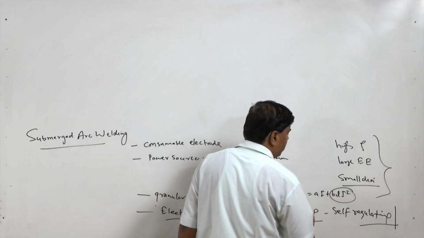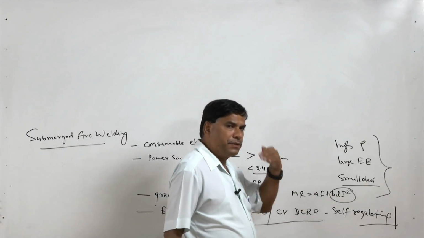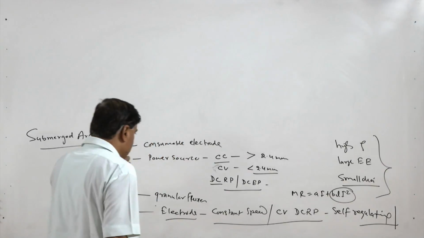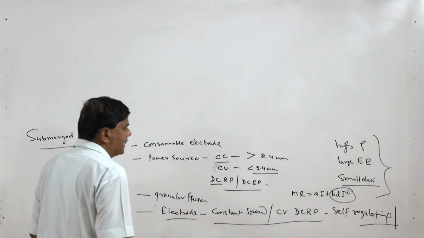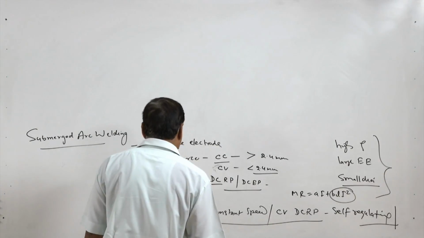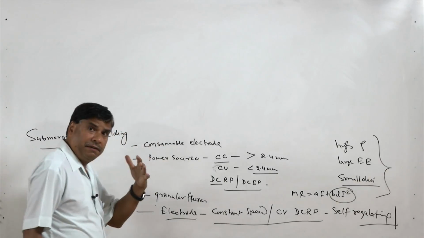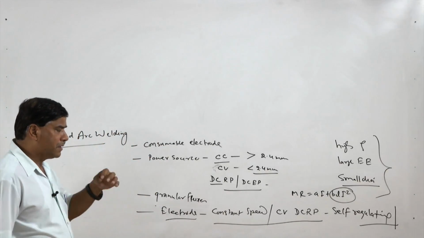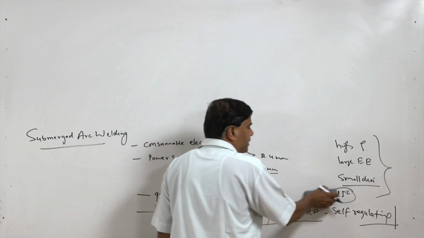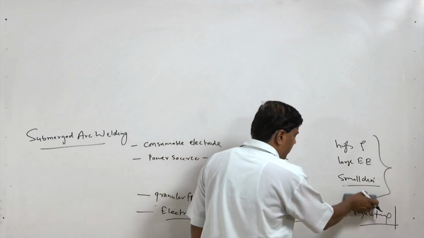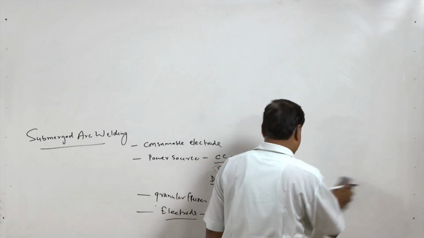Like the second component dominates in this situation, and the melting rate responds significantly to the change in welding current, which happens in case of the constant voltage power source. With a minor change in the welding arc length, a significant change in the welding current takes place, and thereby it helps to maintain the arc length.